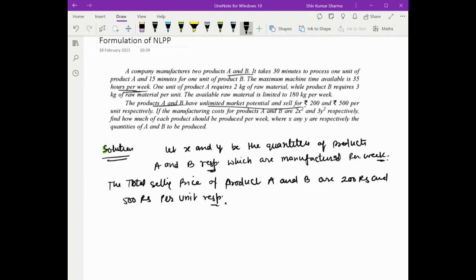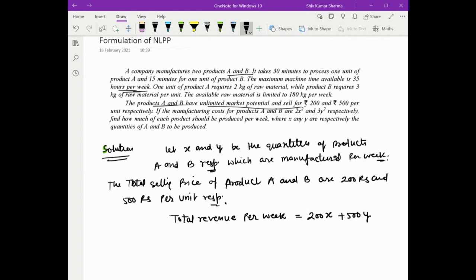So when we compute the total revenue, x and y are the quantities of products, and the per unit price is 200 rupees for type A product and 500 rupees for type B product. So we can say that the total revenue per week is equal to 200 into x plus 500 into y, because x and y are the quantities.